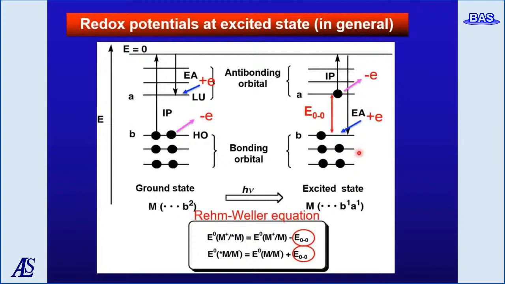Theoretically, the excited state redox potentials are calculated by this equation, called the Rehm-Weller equation. E00 is the energy gap between the ground and excited state, which is estimated from the phosphorescence transition energies.